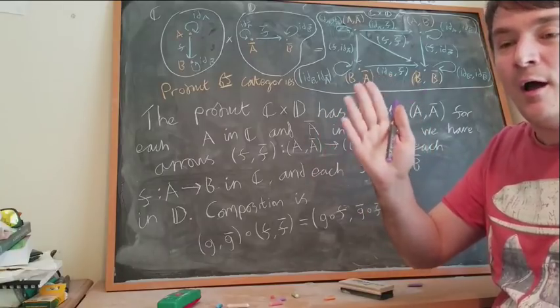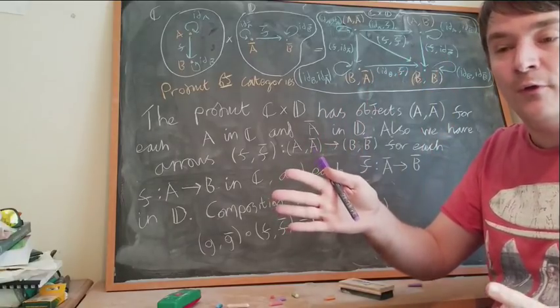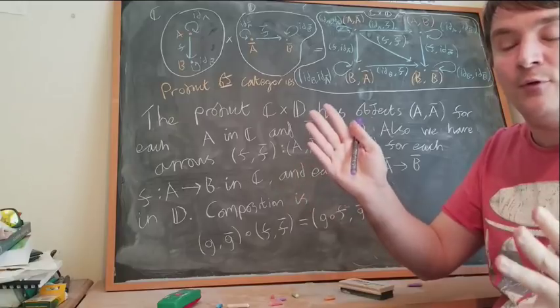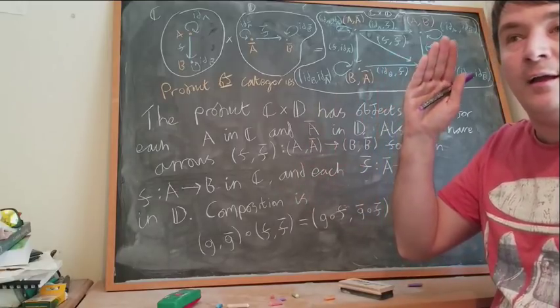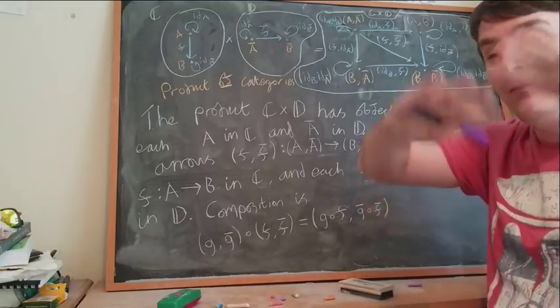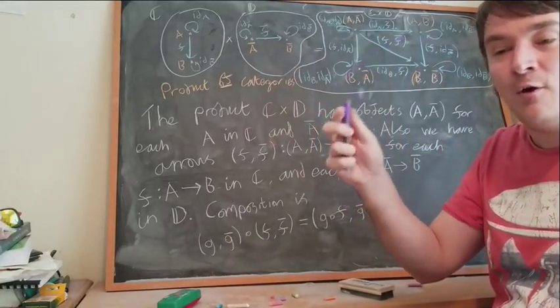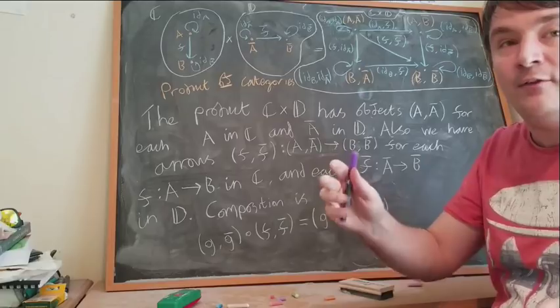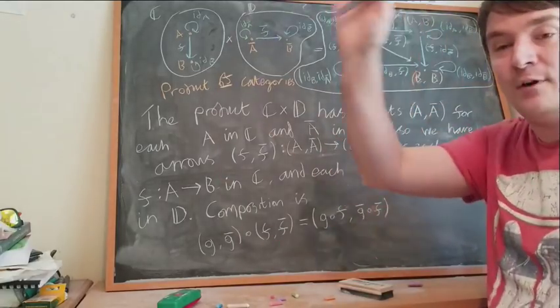So now let's take the bull by the horns and see what happens when we point this categorical product tool at the biggest and most important category that we know about so far, which is this category of all categories.